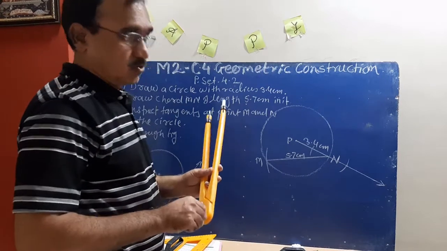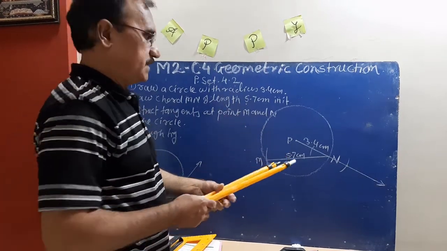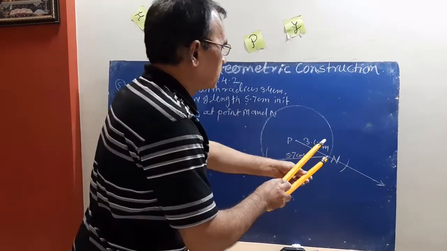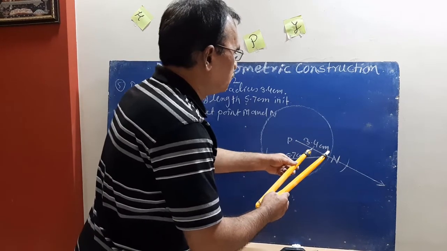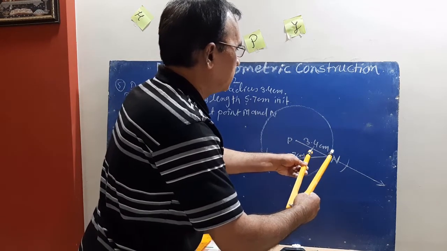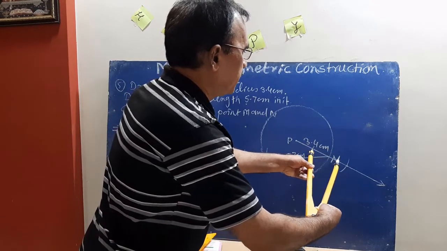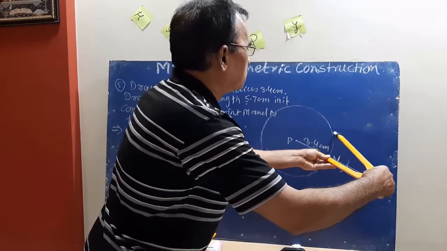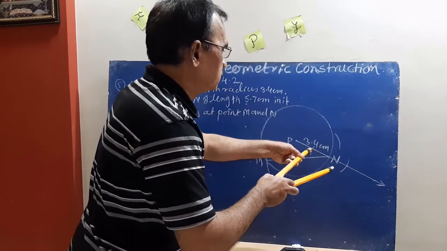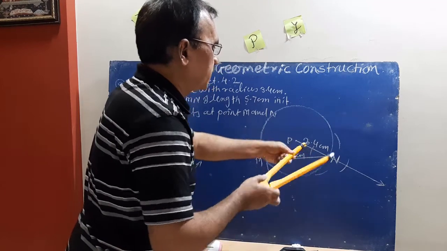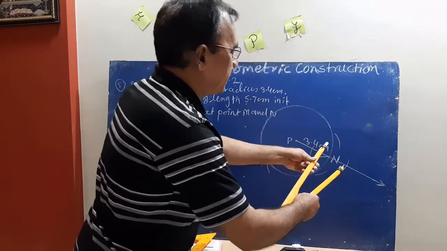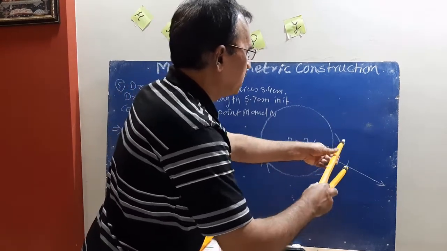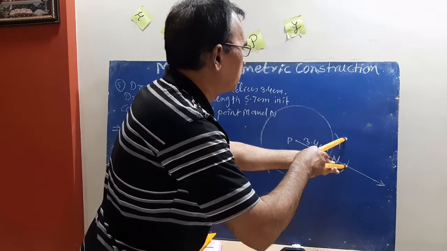Okay? You know the basic construction of the bisector of a segment. Then put the pointer on the first point, take more than half radius and draw arcs on both sides of this ray with the same radius. Put the pointer here, see carefully what I am doing here.